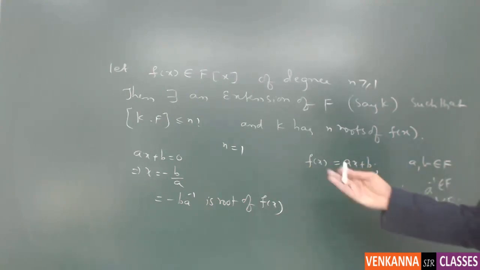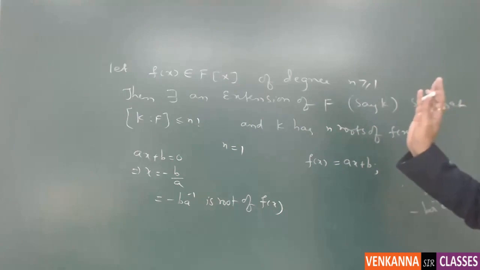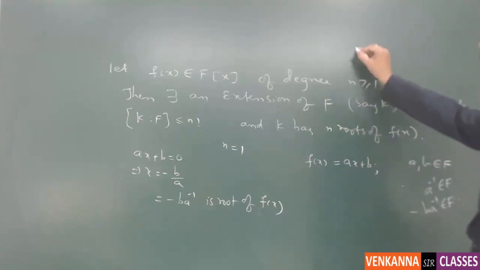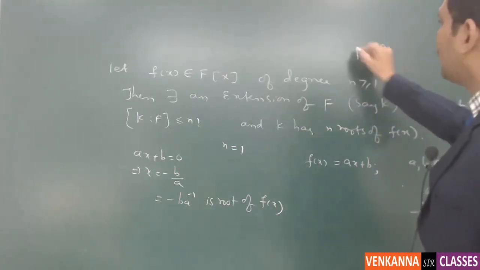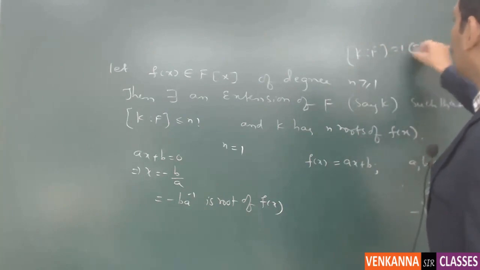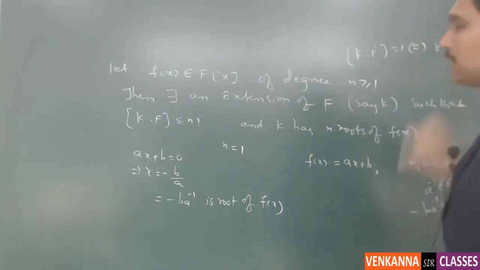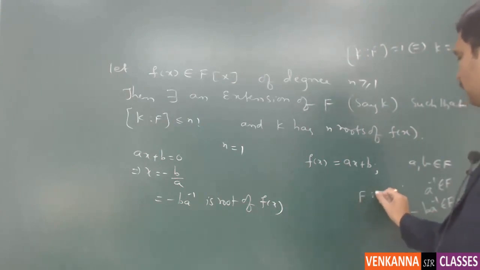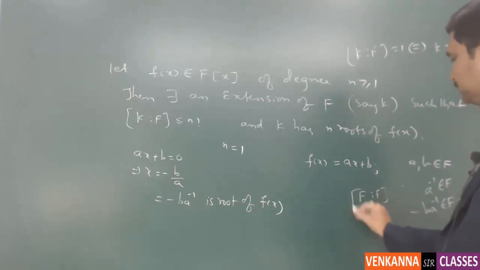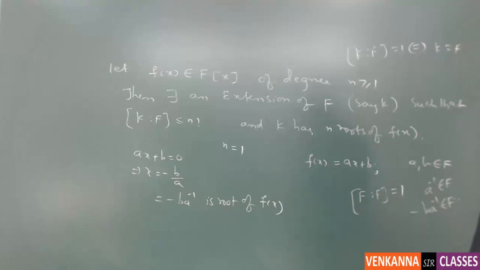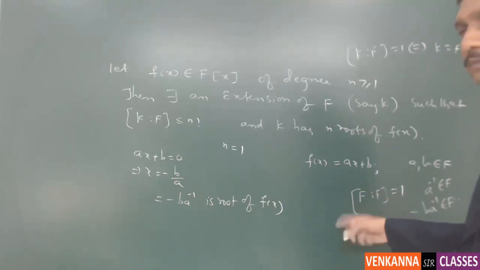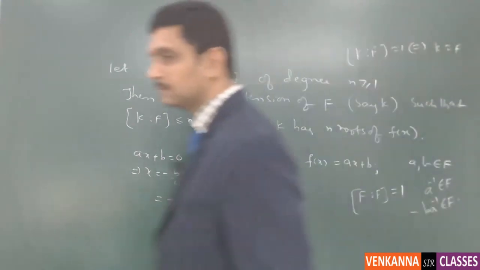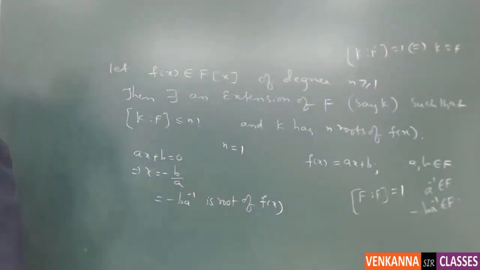And how to define the extension? As we did in a result earlier, we know that [K : F] is equal to 1 if and only if K is equal to F. So just like that, I will take the extension as F itself. Therefore, for n equal to 1, the result is true.